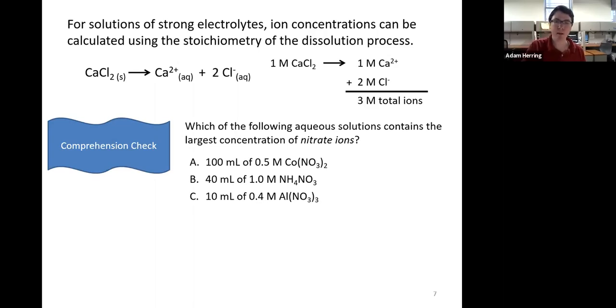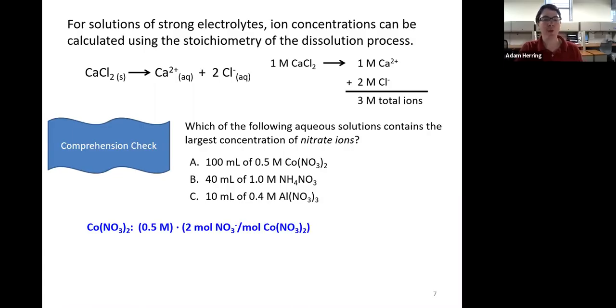Welcome back. So not only do we need to account for the initial concentration of the substance, but also how they dissociate. Because we're dealing with concentrations, the volumes that are indicated don't actually matter. So for the cobalt nitrate, we have 0.5 molar cobalt nitrate, and we multiply by a ratio of 2 to 1 because there's 2 nitrates for every 1 cobalt nitrate.